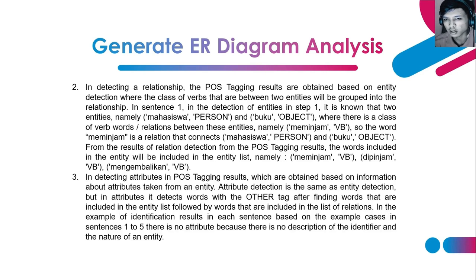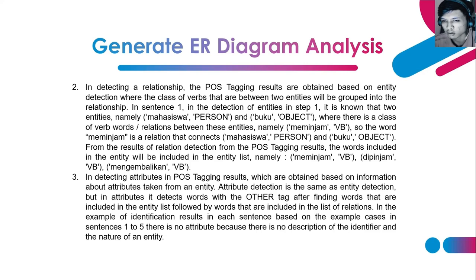Second, in detecting relationships, the POS tagging results are used based on entity detection, where the word classes that are between two entities will be grouped into the relationship. In sentence 1, the entity detection in step 1 found two entities, namely mahasiswa as person and book as object, and there is a verb between these entities, namely meminjam with the tag VB.